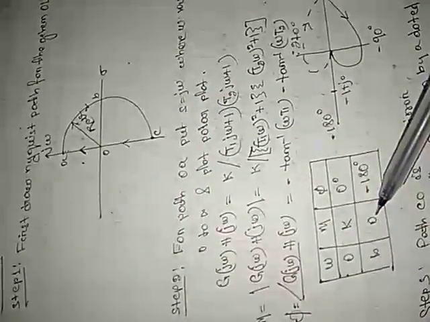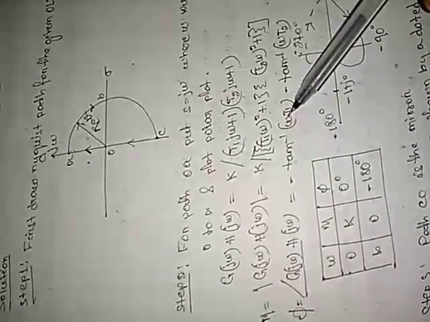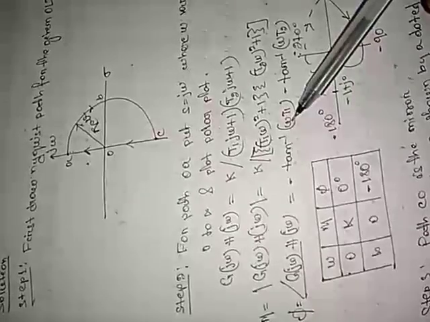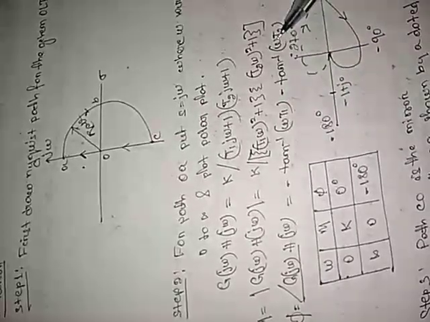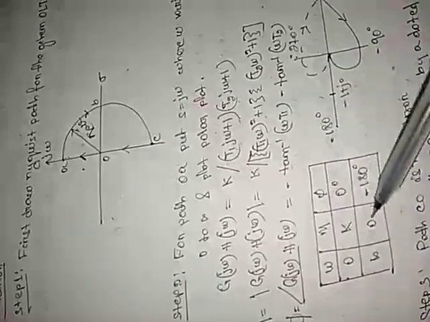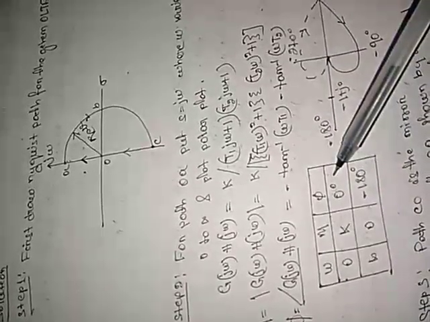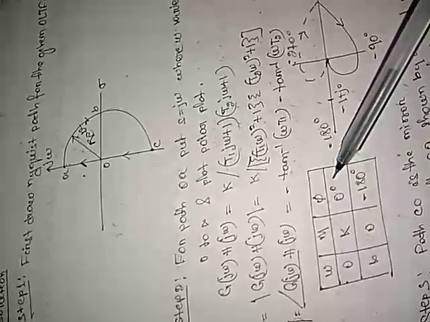Next, for omega equal to 0, tan inverse of 0 is 0, and this also tan inverse of 0 is 0. So you get phase angle 0 degrees at omega equal to 0.